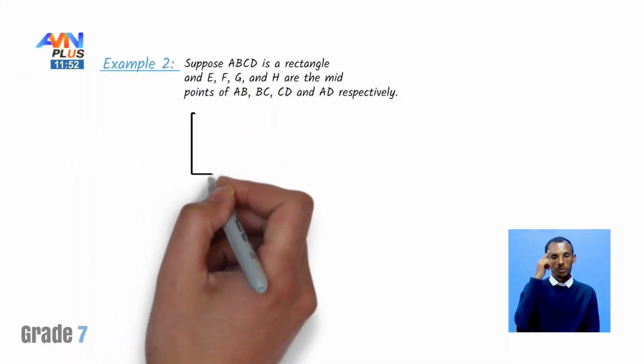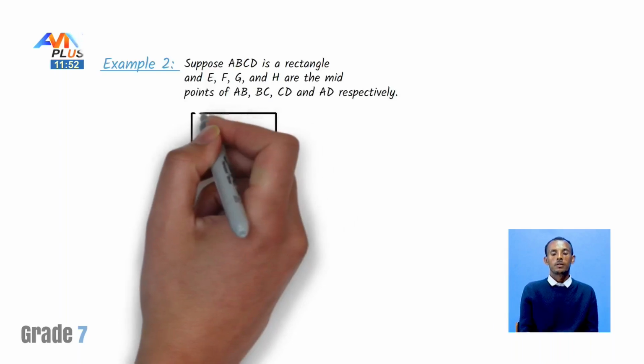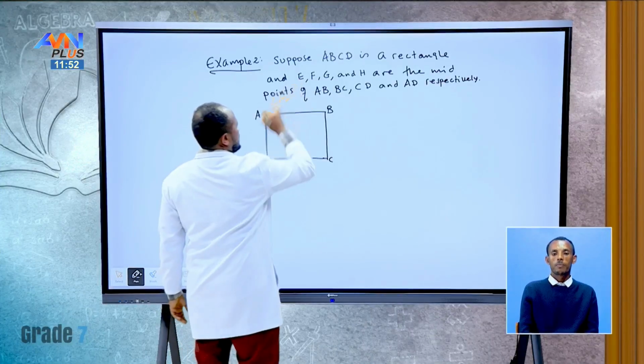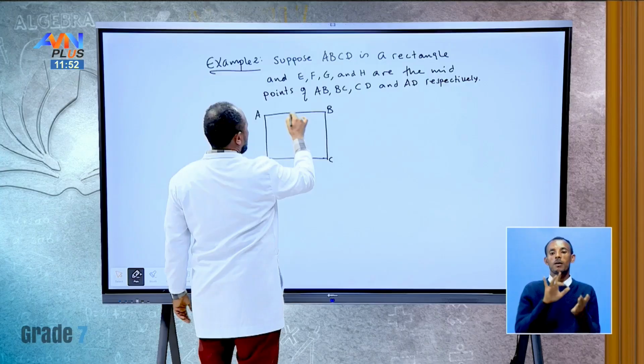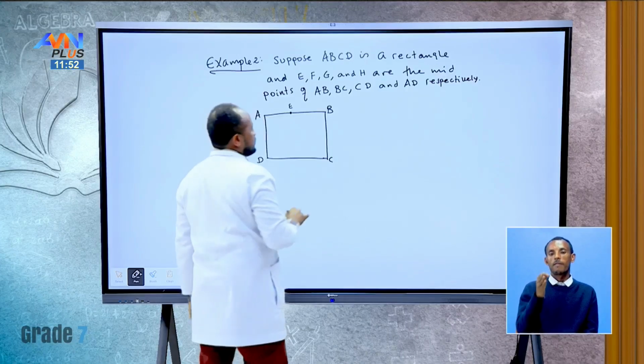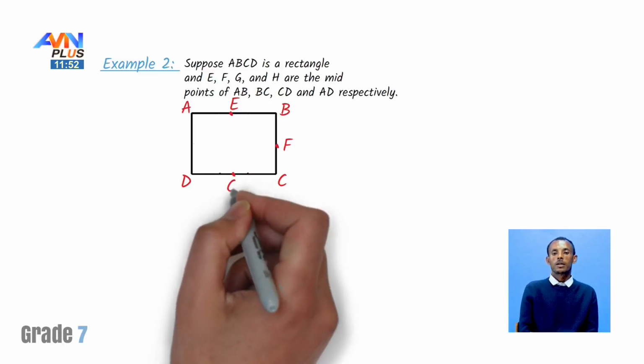Suppose you have rectangle ABCD. E is the midpoint of AB. F is the midpoint of BC. And G is the midpoint of DC.